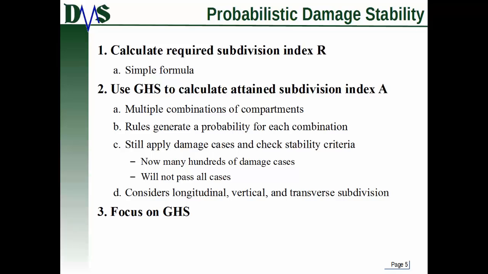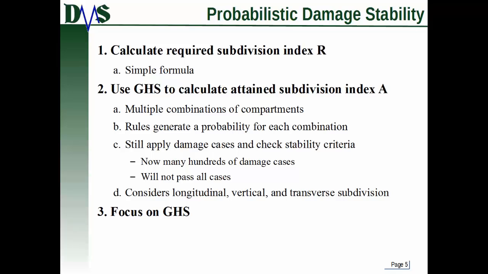Right, so how does probabilistic damage stability work? Well, generally what happens is step one is you calculate what they call the required subdivision index. That's usually called R. Now that's a pretty simple formula, so that one you could almost do by hand. And then what you do is the main effort is you use GHS to calculate the attained subdivision index, A. Now what's so fancy about this one?